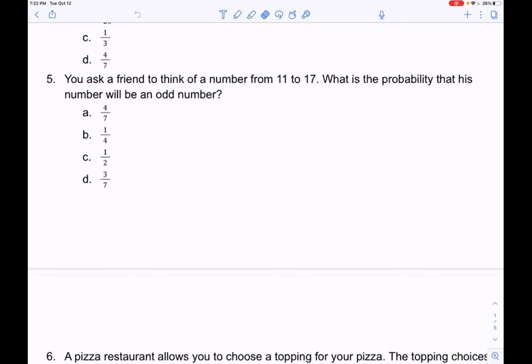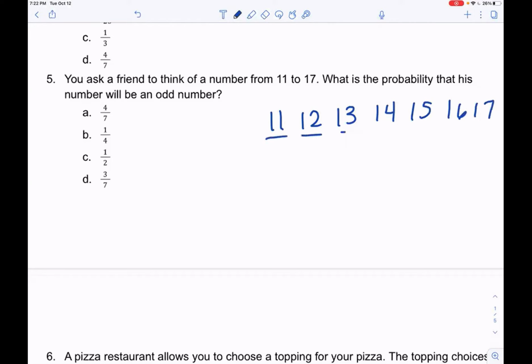I'm ready to go over it. Okay, let's do it. You ask a friend to think of a number from 11 to 17. What is the probability that his number will be an odd number? So 11, 12, 13, 14, 15, 16, 17.